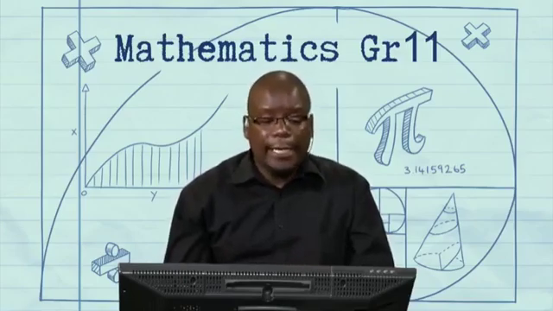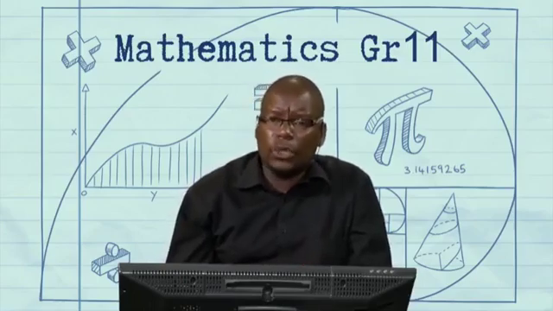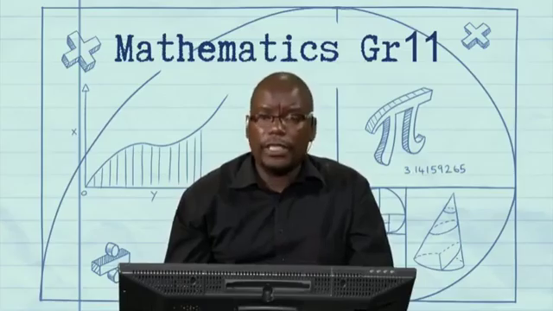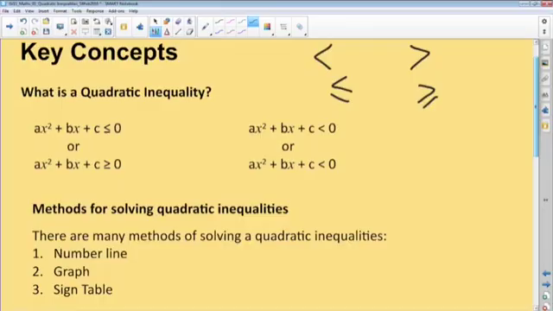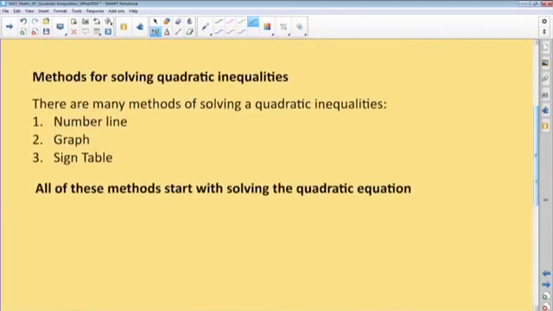Okay, grade 11s, there are many methods of solving a quadratic inequality, but I'll just touch on three. When you're solving a quadratic inequality, you can either use a number line, or a graph, a rough parabola graph, or the sign table, okay? Now, all of these methods start with solving a quadratic equation, all right?